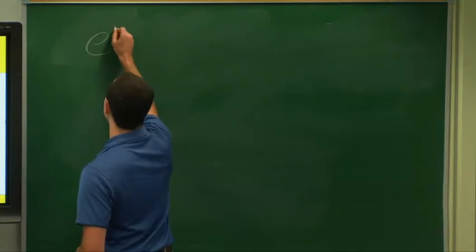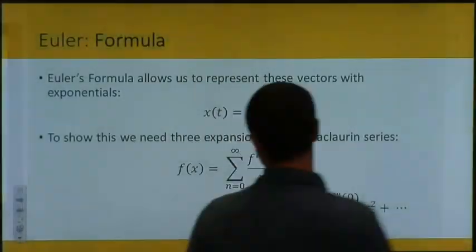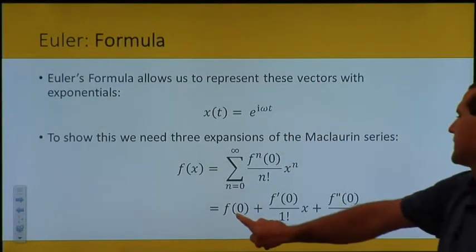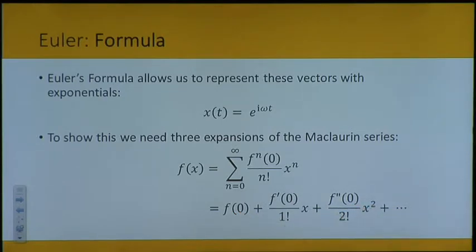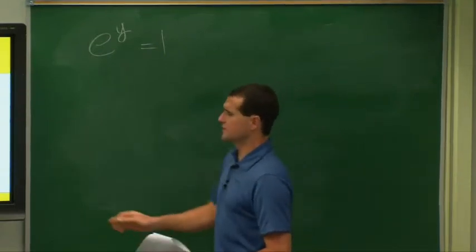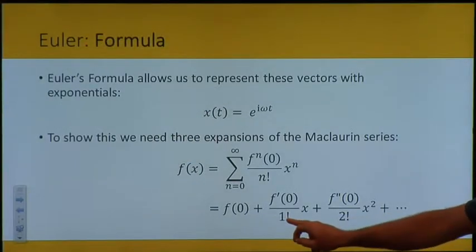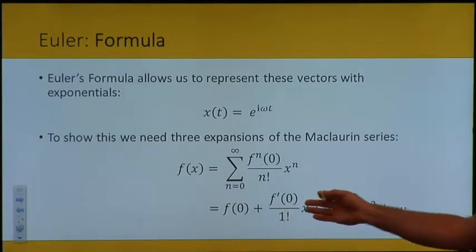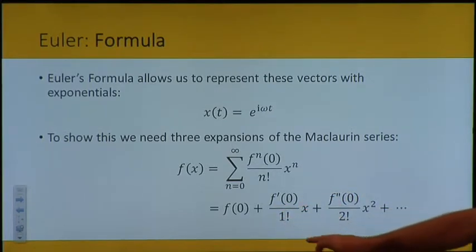Okay, so for e to the y, I'm going to bring back up this definition real quick. What I need to do is evaluate the function at 0 first. So we know that e to the 0 is 1. Then the second component is the derivative of our function evaluated at 0 over 1 factorial.